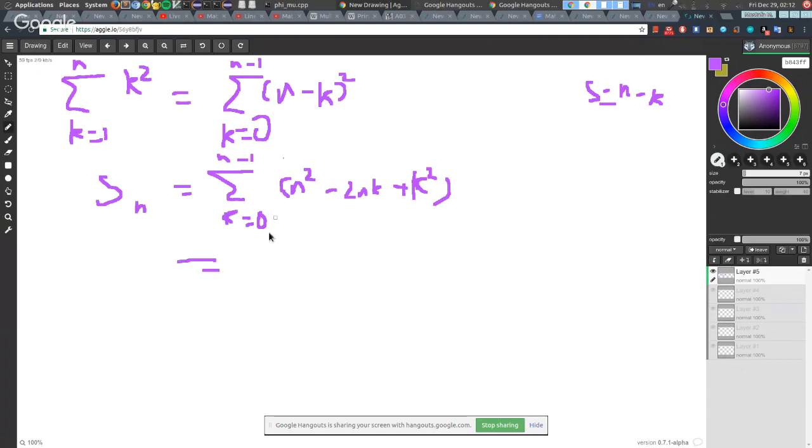When we expand this, we have n cubed minus 2n times the summation of all the numbers k, plus S n minus 1.